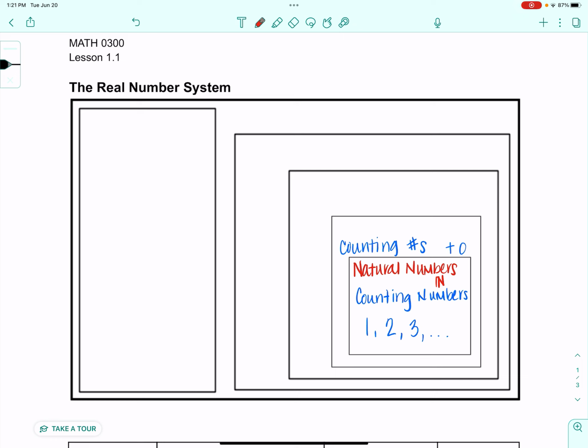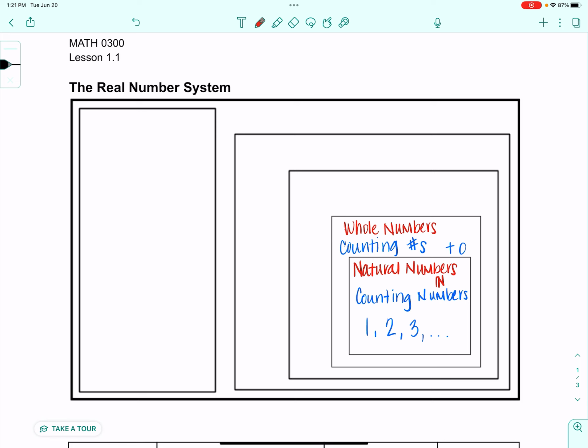These are what we call the whole numbers. 0, 1, 2, 3, 4. We still don't have any fractions. We don't have any decimals, only whole numbers, but we're including 0 now.